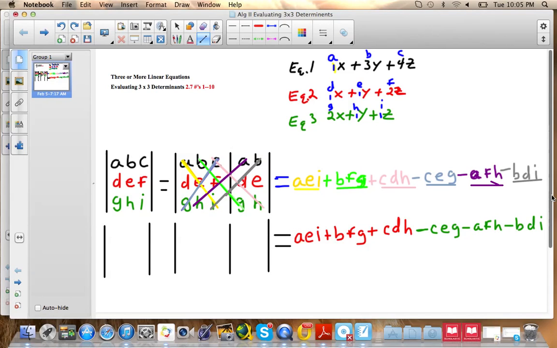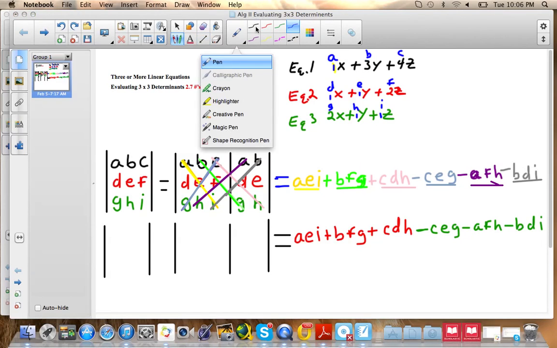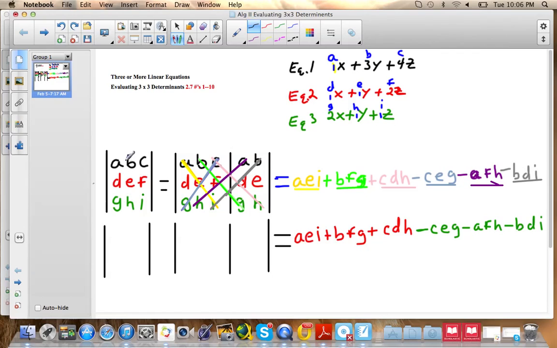Okay, so as you see that, setting it up with the alphabet, all right, now I'm going to go back and look at my letters again, A, B, C. And it's actually pretty simple once you get used to the pattern. It looks confusing at first, but once you get used to the pattern, I'm going to look at A. Well, what is A? A is 1, so I'm going to put my 1 right here, right? That's my A. Then I look at B. What is B? B is 3.